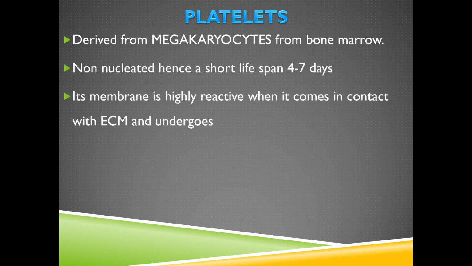Its membrane is highly reactive when it comes into contact with extracellular matrix and undergoes what is called adhesion. So the first step in clot formation is platelet adhesion. Adhesion is an attachment between platelet and the extracellular matrix, a non-platelet.